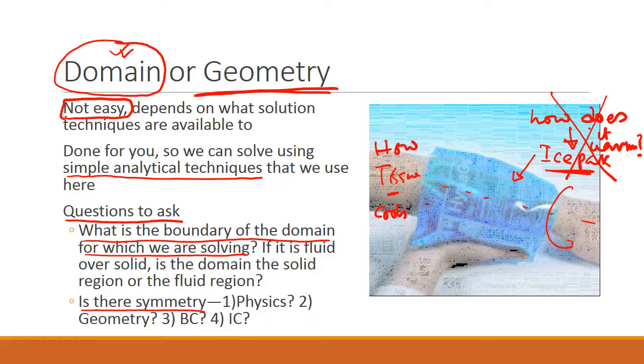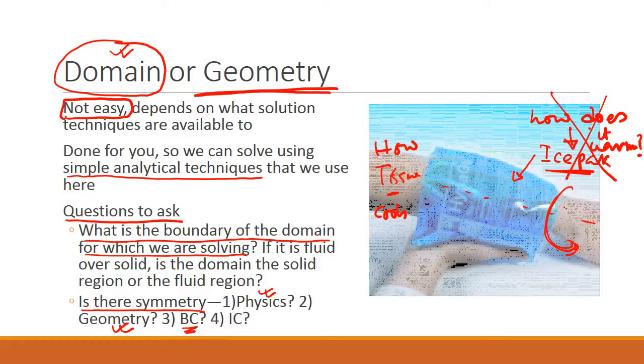Is the physics also symmetric? Meaning, is there, let's say, more blood flow on one region on the upper side versus lower side? Then the physics is not the same all around. Then we cannot use symmetry. So everything has to be symmetric.